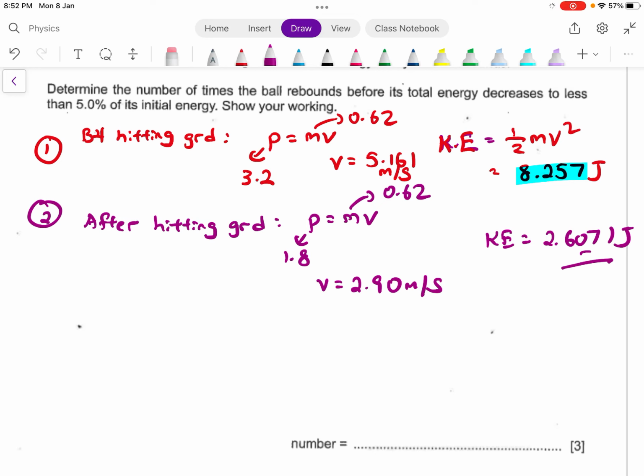You just use 2.6071 divided by 8.257. This is the fraction of energy left for every bounce. So just do a quick one: 2.6071 divided by 8.257. What you get is about 0.316 of the initial energy.